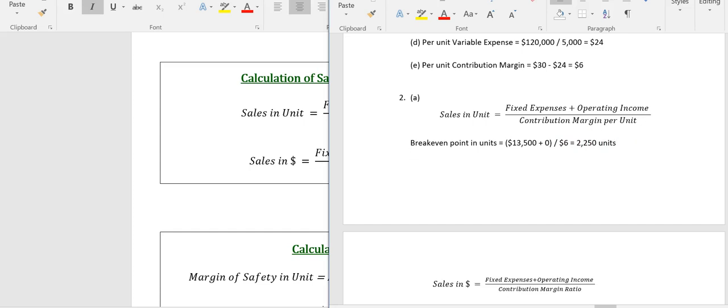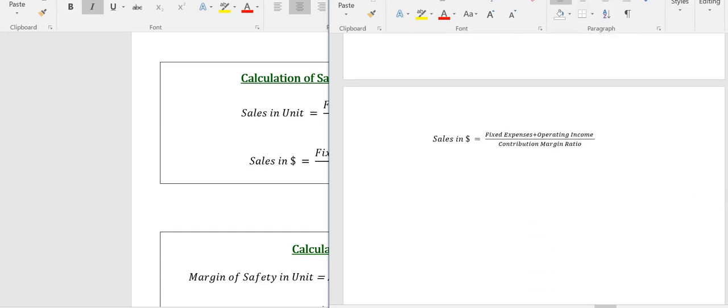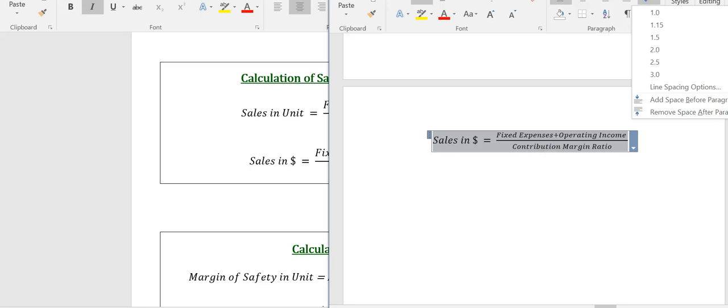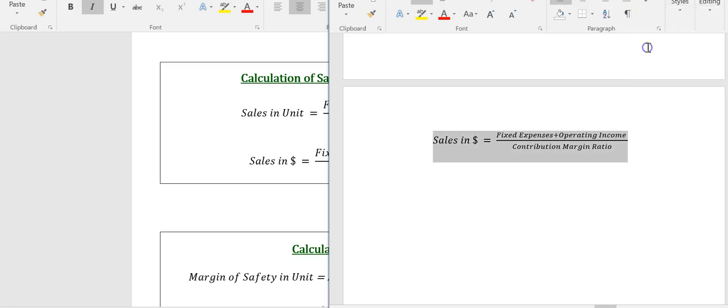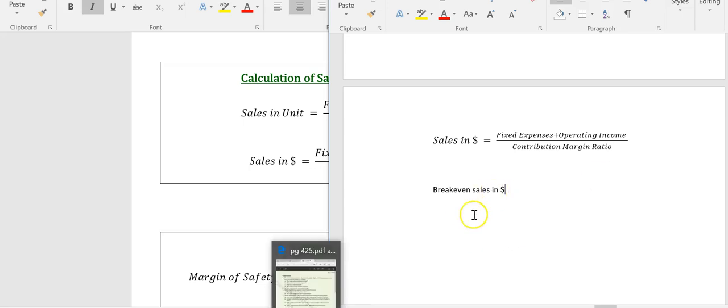So now we are going to do the break-even sales in dollar, and we know the formula.